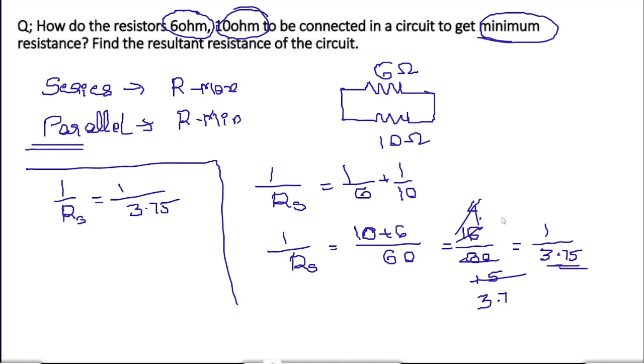Don't directly consider this as the net resultant resistance. Here 1 by Rs equals 1 by 3.75, so Rs equals 3.75 ohms. This is the answer.